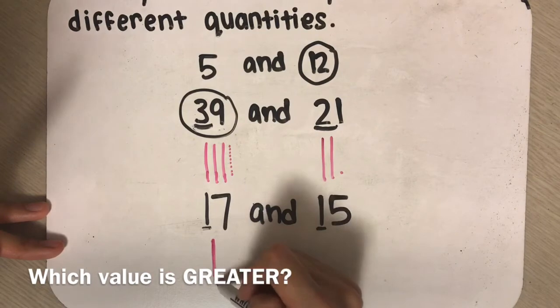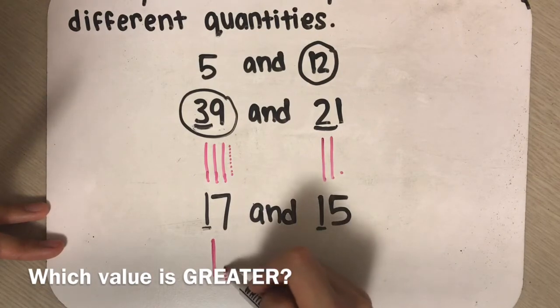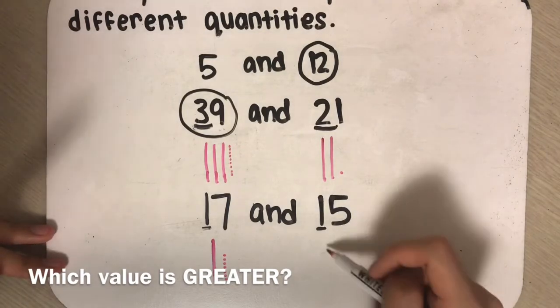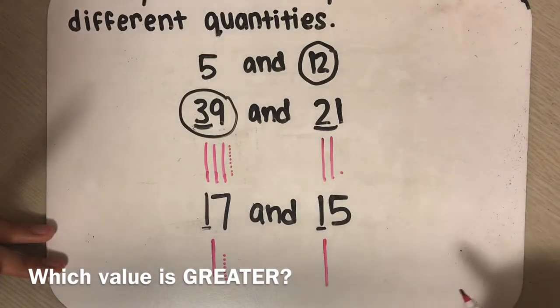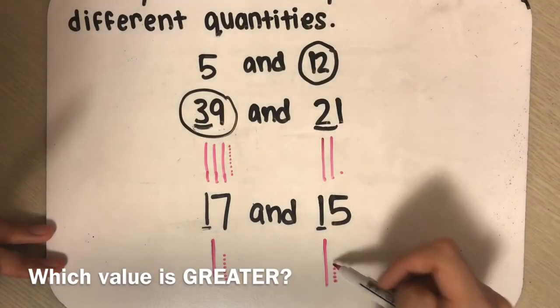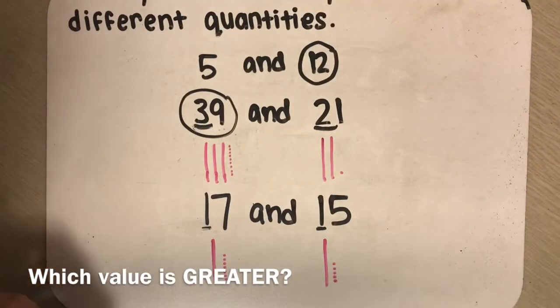17 has 1 ten and 1, 2, 3, 4, 5, 6, 7 ones. 15 also has 1 ten, but they only have 1, 2, 3, 4, 5 ones. So then, which number is greater? Is it 17 or is it 15?